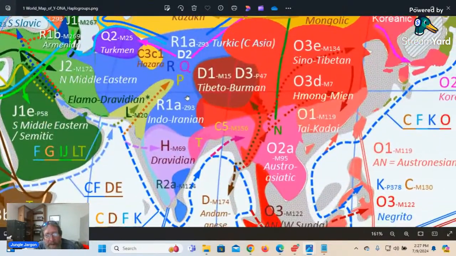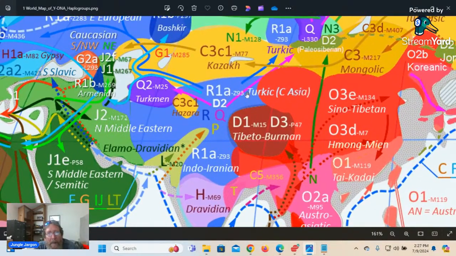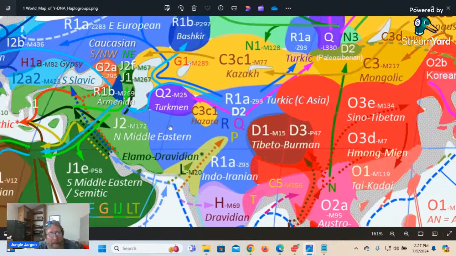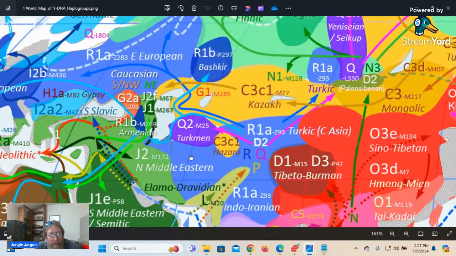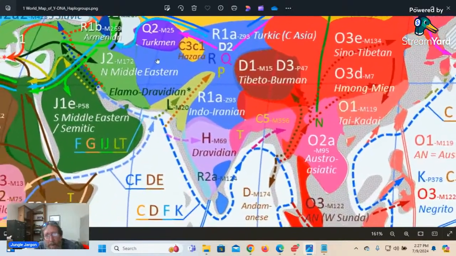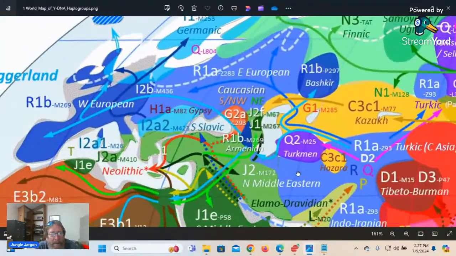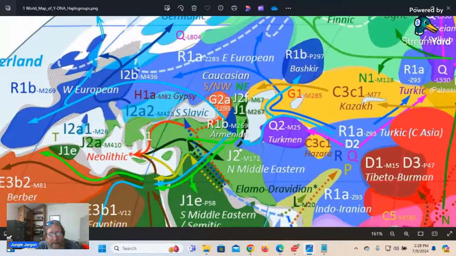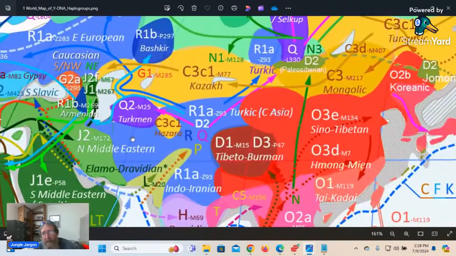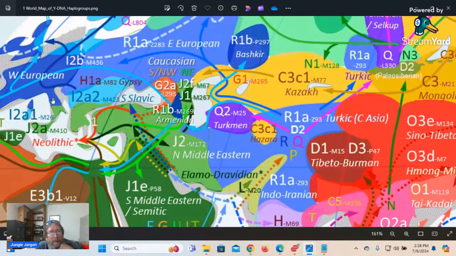The F lineage is not even shown here. Usually they show the F. Where's the F? It's probably here somewhere. I just can't see it right now. But it's interesting that some of the older maps show the F, and some of the maps show the K, or they show the K and the F.